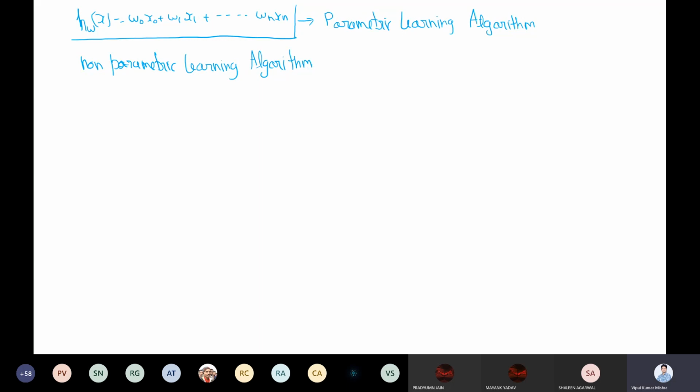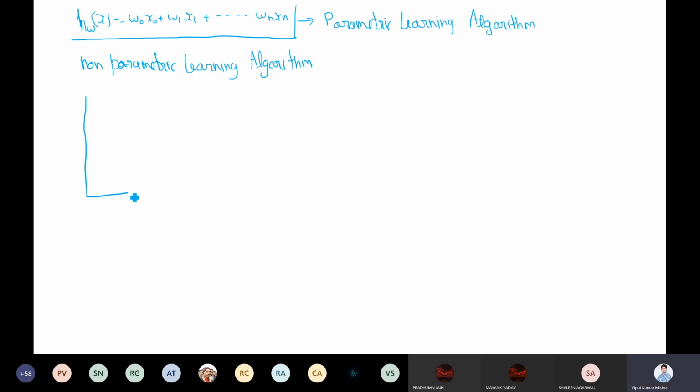Right. In this non-parametric learning algorithm, we required the input data to make the inference. So let's understand one variety of algorithm, how exactly it looks like.